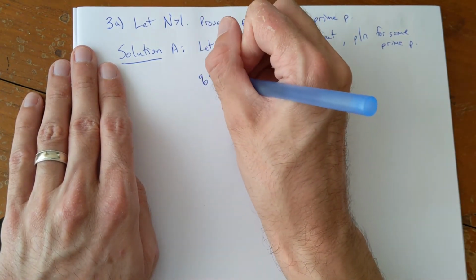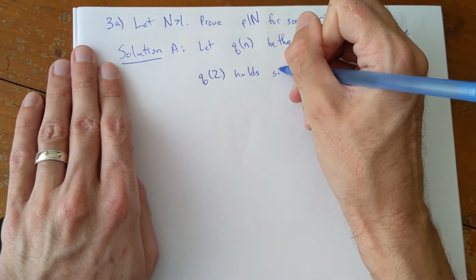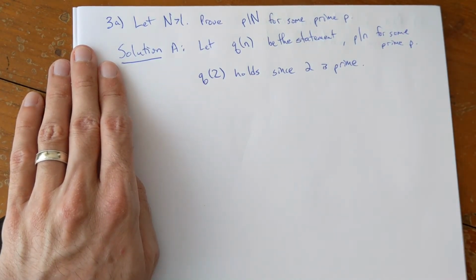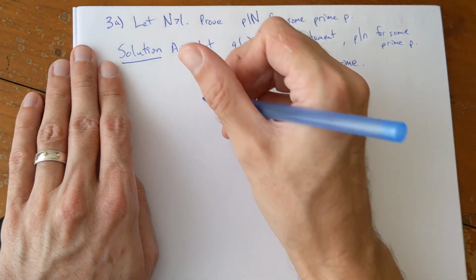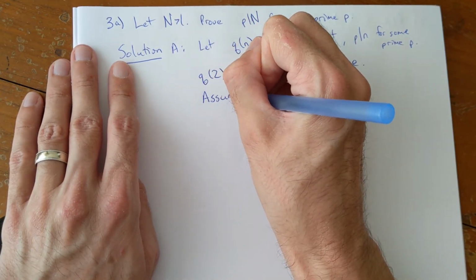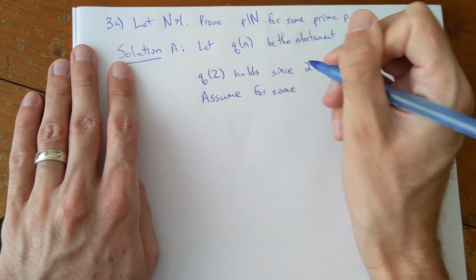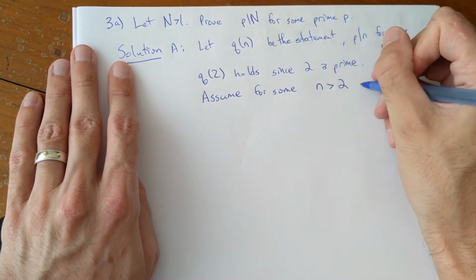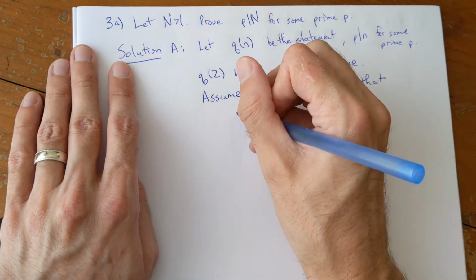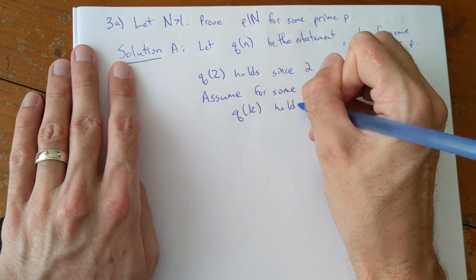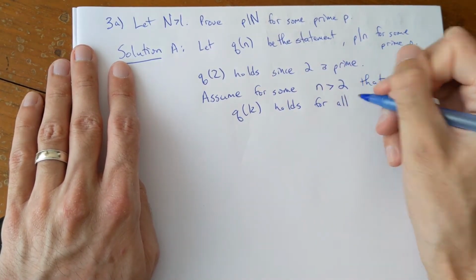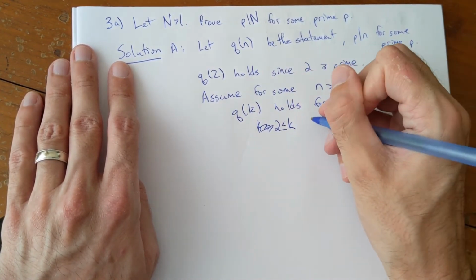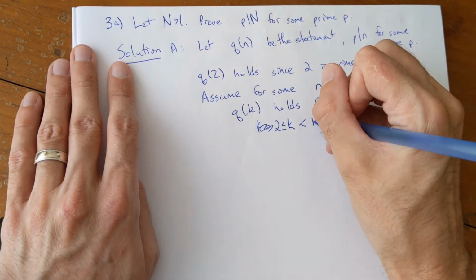Q of 2 holds since 2 is prime. Now assume for some n greater than 2 that Q of k holds for all k lying between 2 and n minus 1.